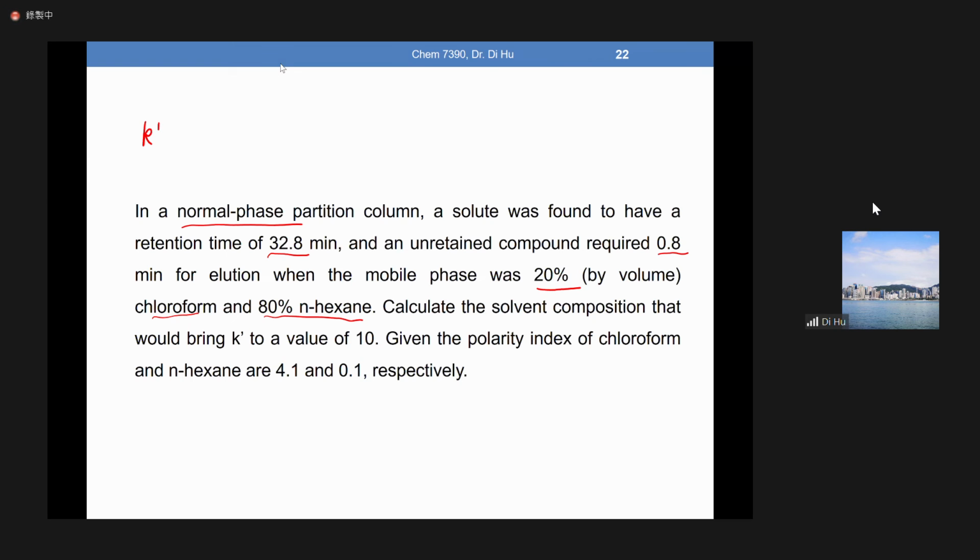What is the K value? K equals 32.8, right?